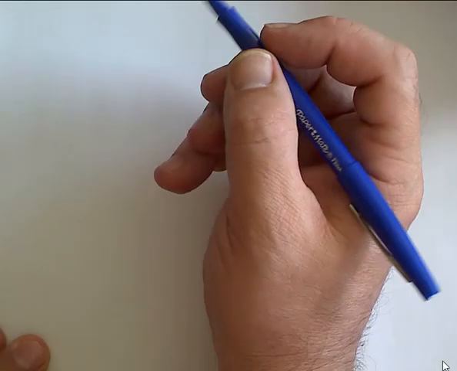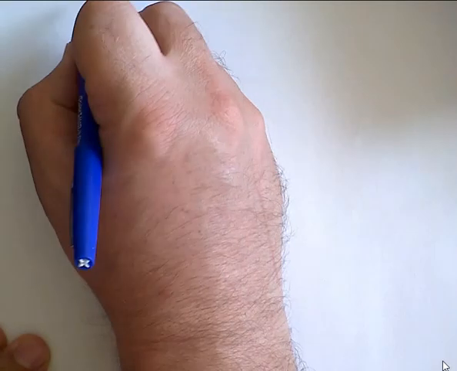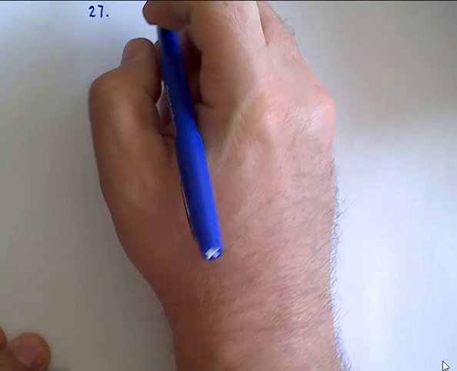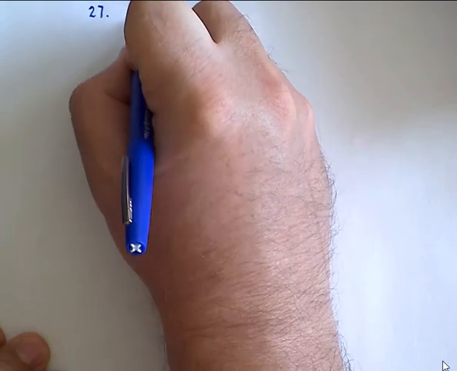For example, number 30. Well, let's do 27, because I want to remind you about that one, and then we'll do 31, and then I think that'll help you. 27 is the difference of squares.